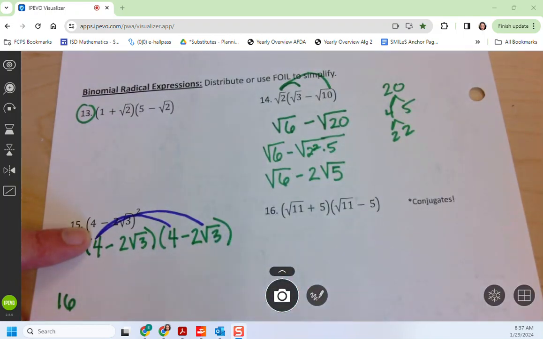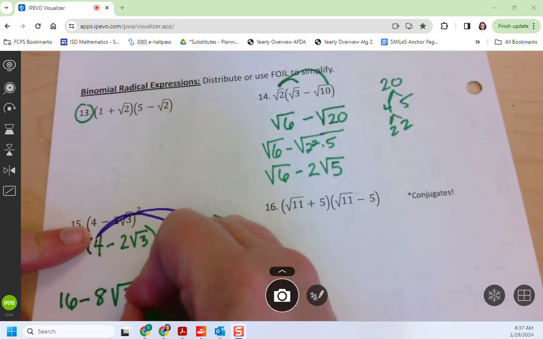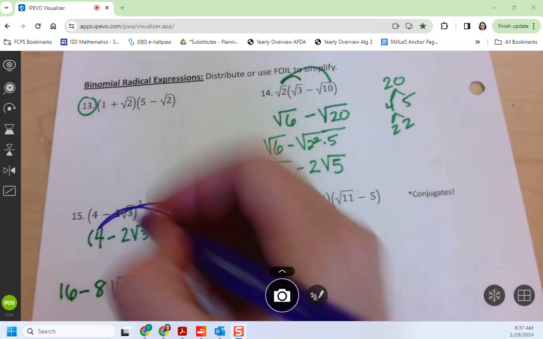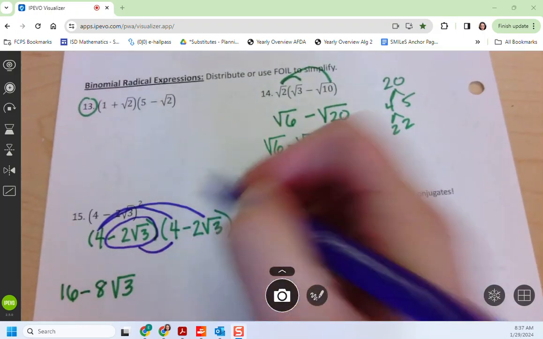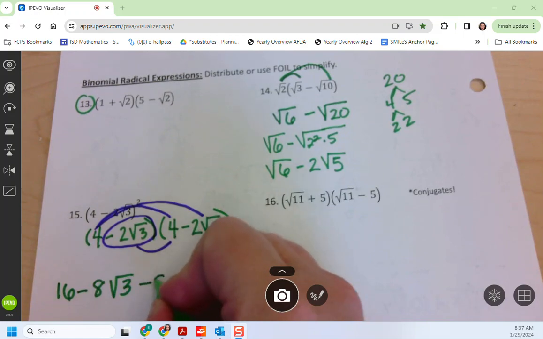So that's going to make negative 8 root 3. Then I'm going to distribute the negative 2 root 3, this one here. So negative 2 root 3 times 4 is another negative 8 root 3.